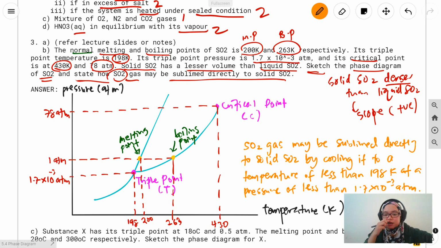So this is how you sublime the gas into to solid.